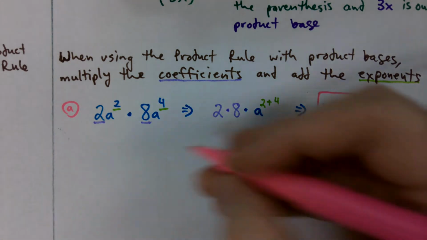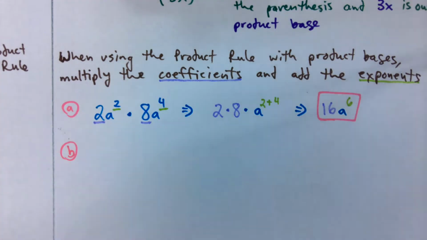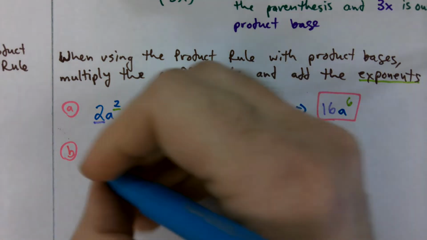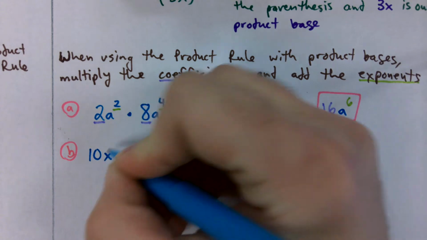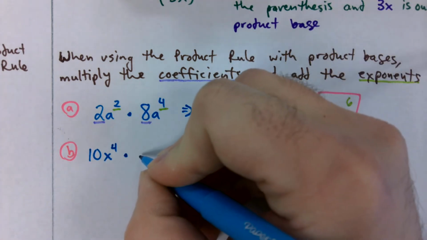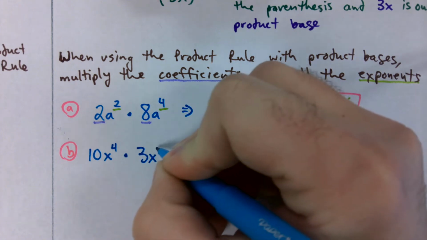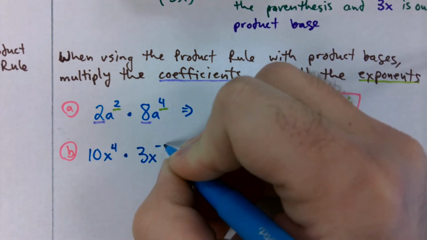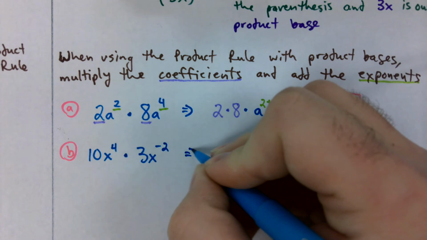Let's see. If we had something else like 10x to the 4th times 3x to the negative 2.